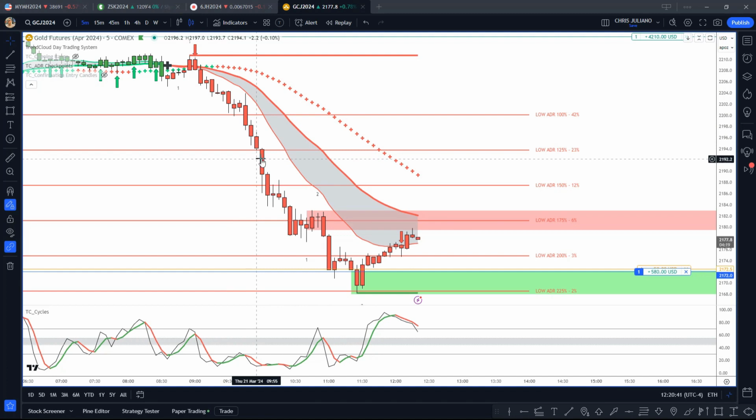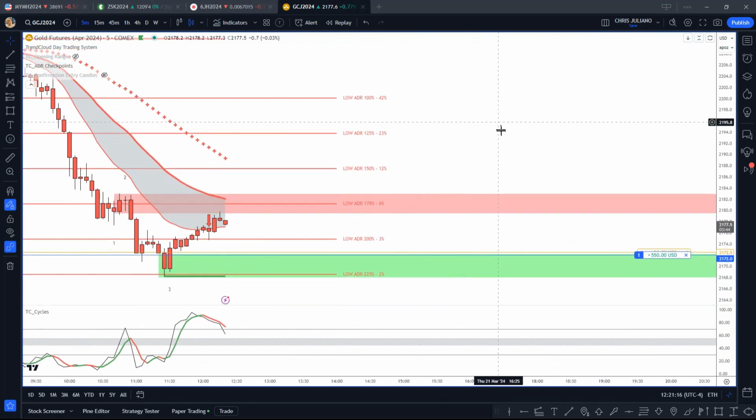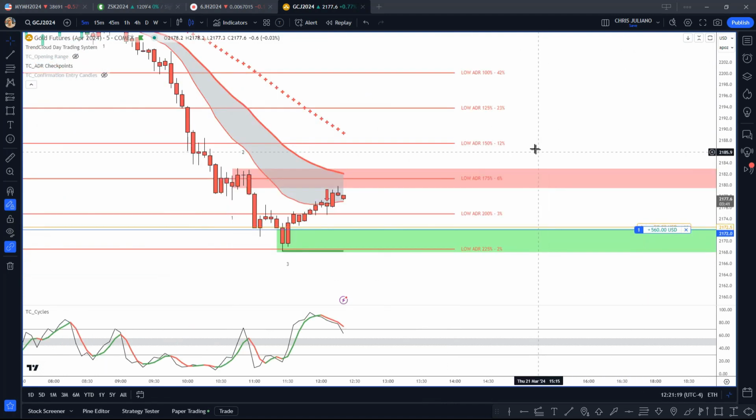It went 125% of its average daily range at 955, all the way down until 1125. It hit 225% of its average daily range. This thing is exhausted. What we're waiting for is some sort of sideways meandering movement. And then slowly, by tomorrow, this thing starts to move back to the upside.